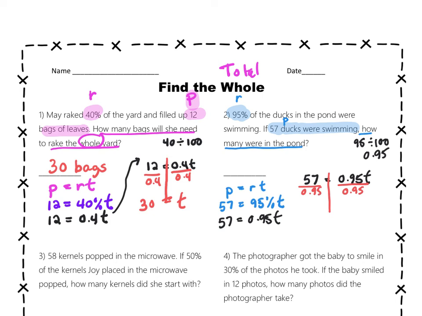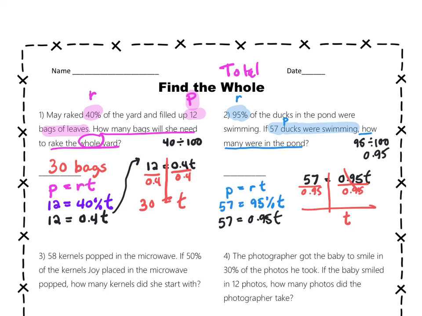This part eliminates, so we don't have to use a calculator for it. We can just say that's how we isolated our T. We undid that number. But now I want you to take 57 in your calculator, divide it by 0.95, and see what you get.